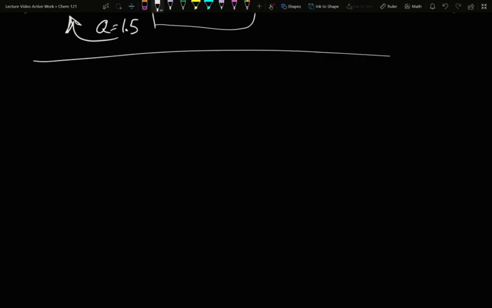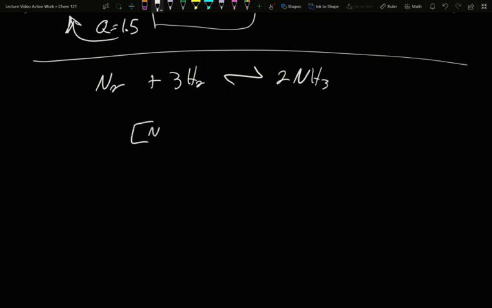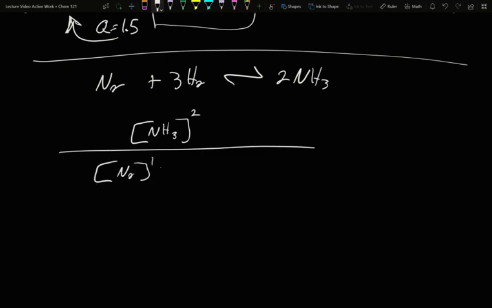For any given reaction, we can create one of these mass action expressions. So for ammonia synthesis, well, it's our products, so the concentration of ammonia to the second power over the concentration of N2 to the first times the concentration of H2 to the third. All of that will equal Q. So let's take a practice.